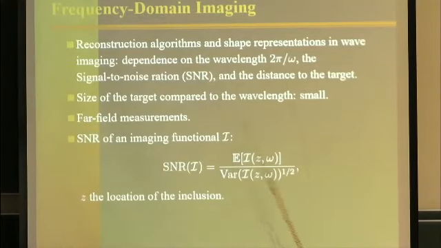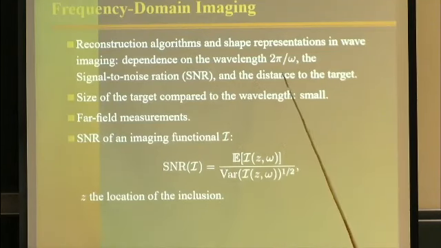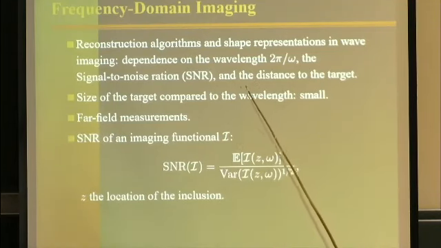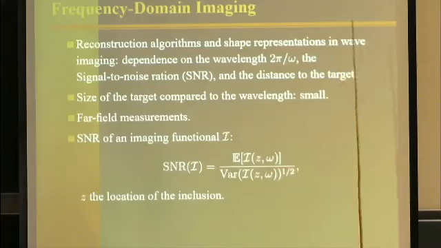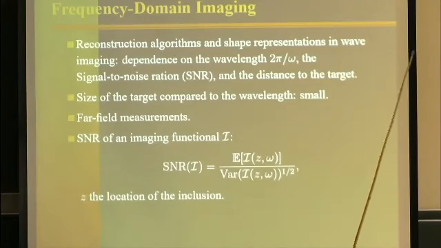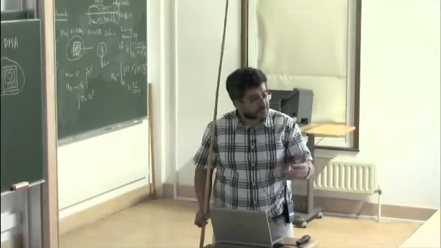Okay, now let me move quickly to frequency domain imaging. Frequency domain is where you have waves, and we want to make reconstruction algorithms or shape representation in wave imaging. The central idea is that to make the best imaging algorithms, you have to understand the physics.